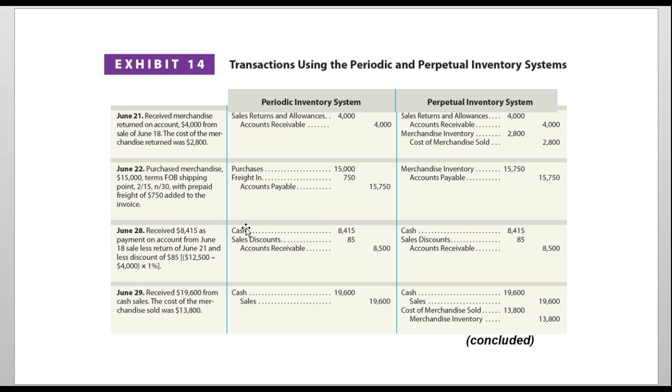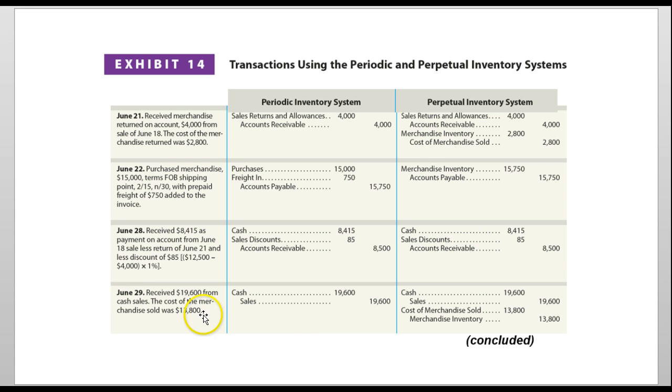I have cash that I'm going to receive then of $8,415, and of course I'm going to take it out of my accounts receivable. So that's fairly well just like we have been doing in a perpetual system.